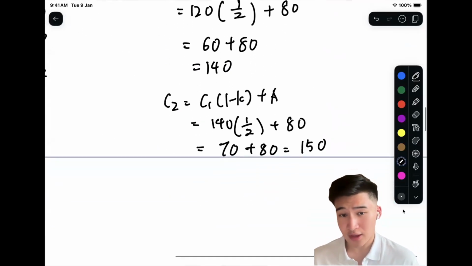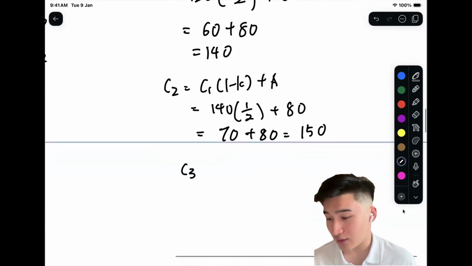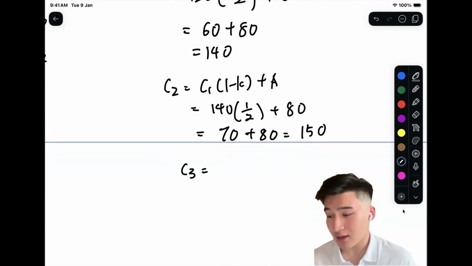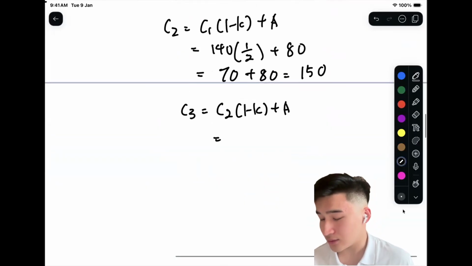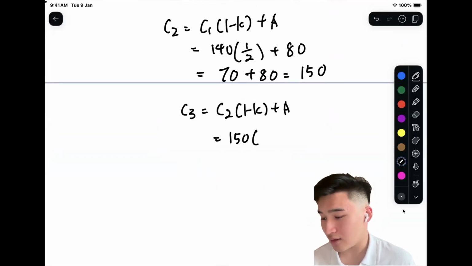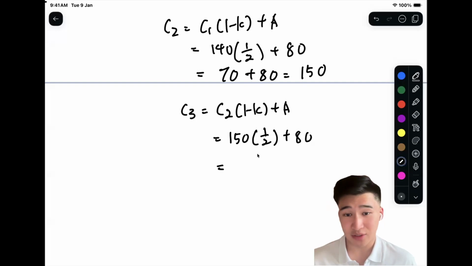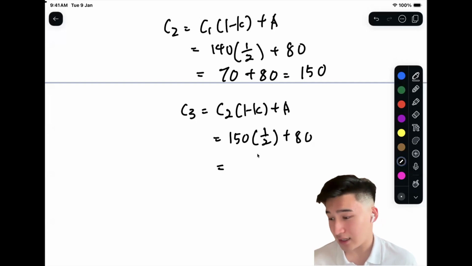And so on and so forth. And we can even continue trying. So let's say we have C_3. With C_3, we have C_2 times (1 − k) plus A. Then C_2 is 150 times 1/2 plus 80. 150 divided by 2 is 75. 75 plus 80, we have 155.